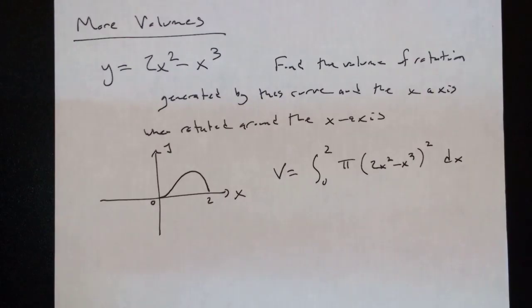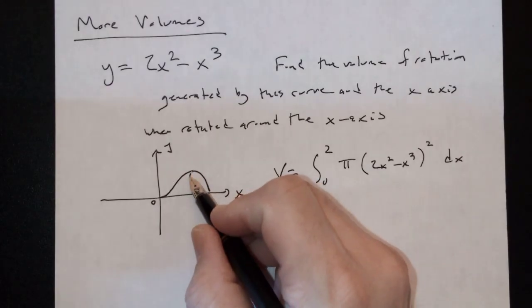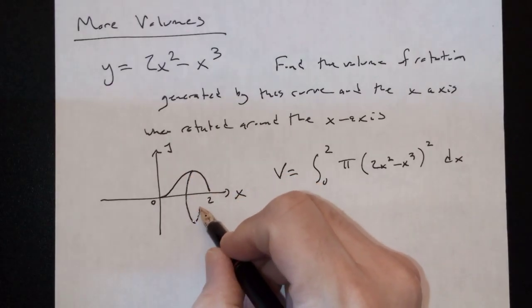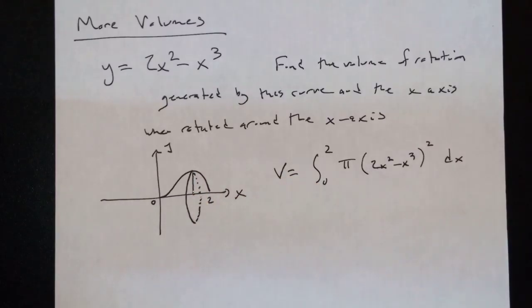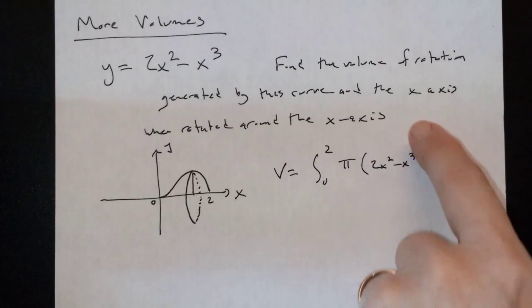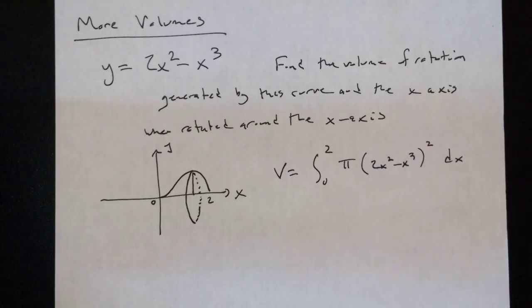Because when I rotate this object, I'm going to get a circle whose radius is given by the height of a point on the curve, pi r squared. Perfect. I can do the integral, that's not important.